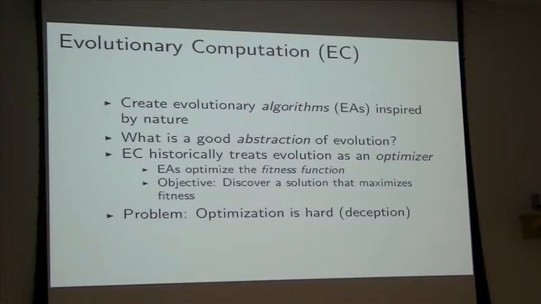And what researchers can do is take this idea of biological fitness and abstract it into a fitness function. The benefit of doing this is that you can then apply evolution to whatever problem you would like. You can specify some kind of target that you'd like to evolve towards, and your fitness function can measure progress along the way.